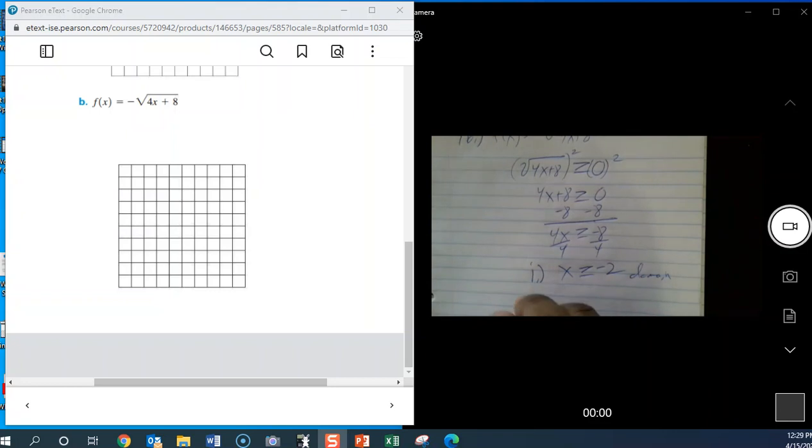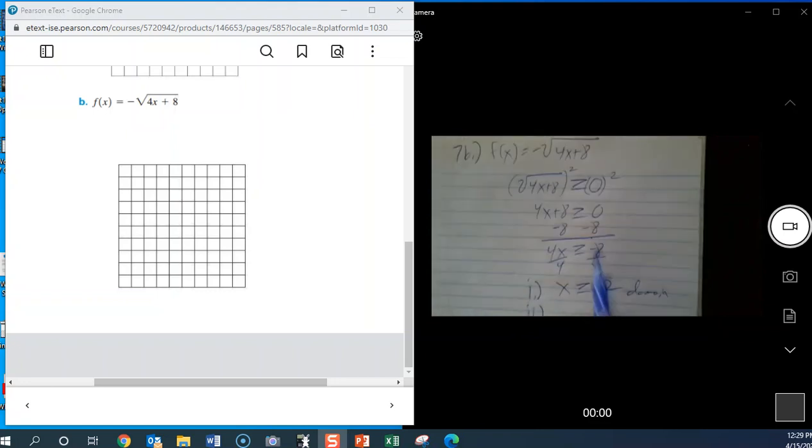Now we go to the Roman numeral 2 with the lowercase i's. So then we need to graph this. So let's find the x and y-intercepts. The x-intercept will be negative 2, 0, because that's when this will equal 0.